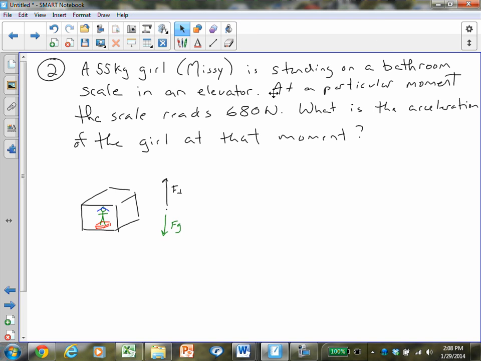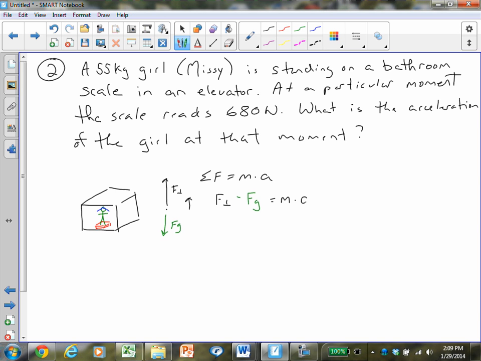So the sum of the forces, which is going to be up, by the way, equals m times a. F perpendicular minus Fg equals the mass times the acceleration. But we know what the scale reads. It reads 680 newtons, doesn't it? That's what F perpendicular is.